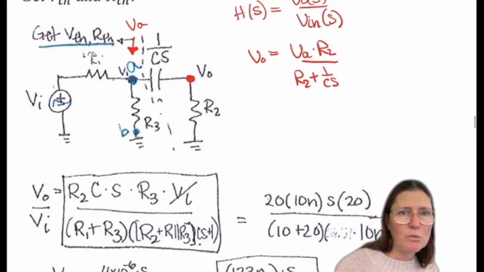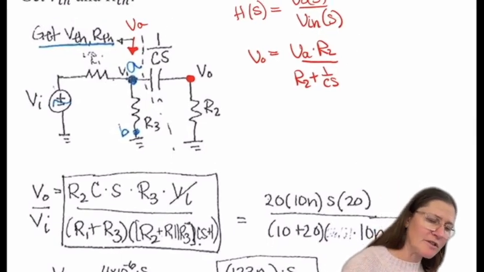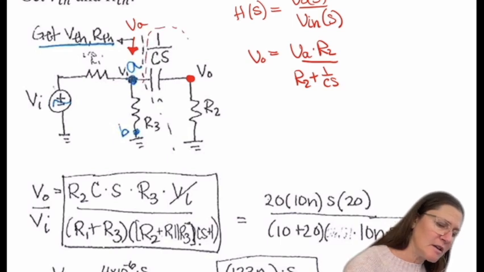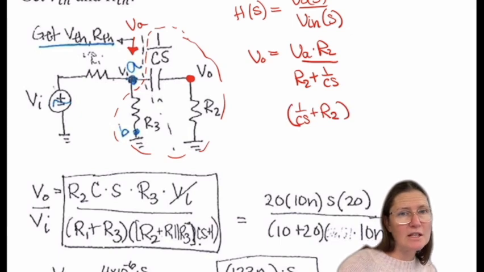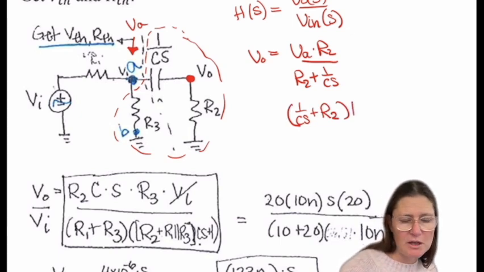That would be one way, and then for VA, I would have to combine all of these. So 1 over CS would be added to R2, and then that would be in parallel with R3.